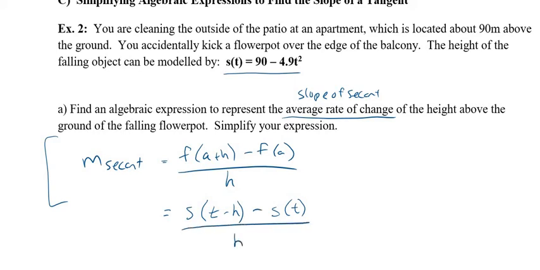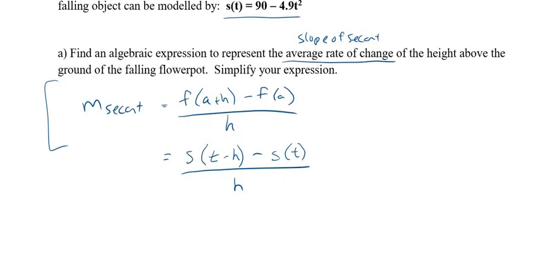So thinking in s's and t's, this is what it would look like. So h always stays the same, but the letter for your function and your variable are going to change based on the problem.